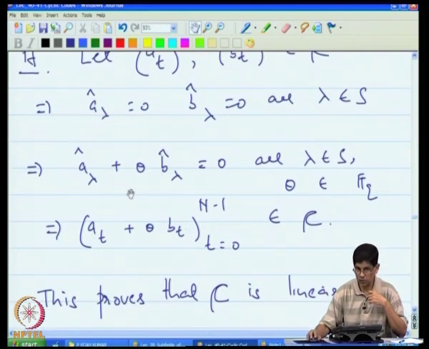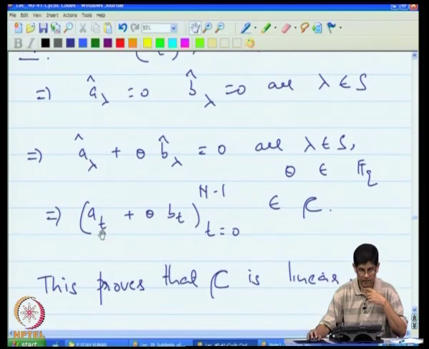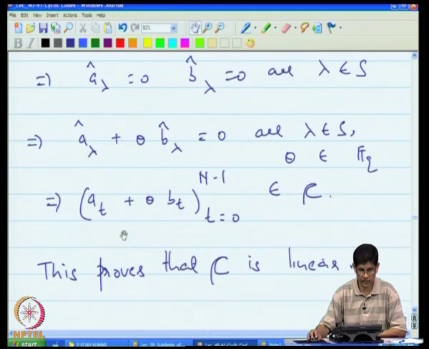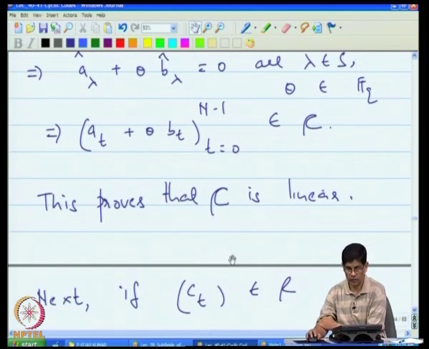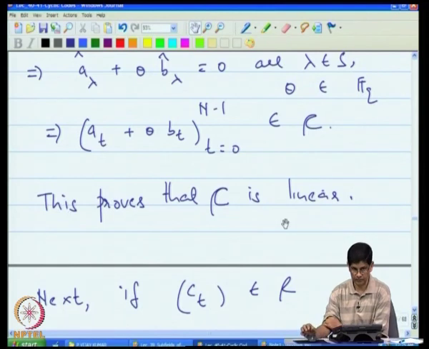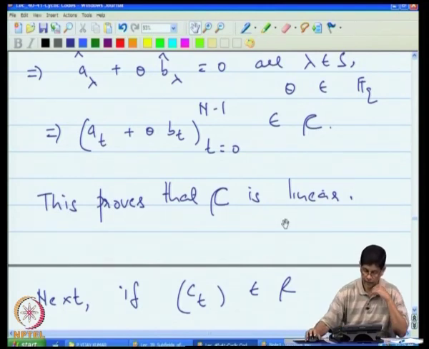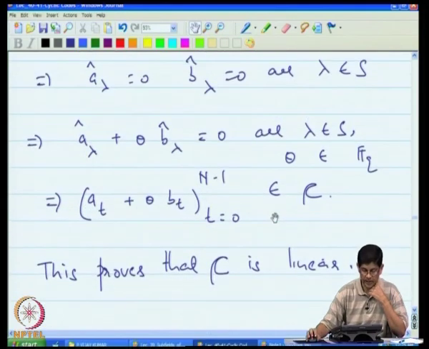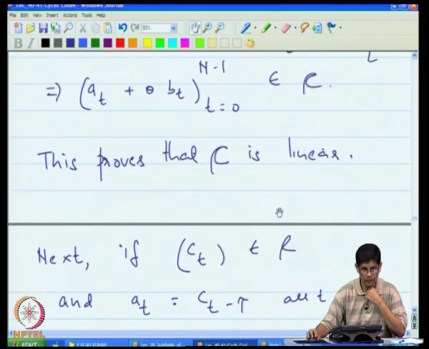But then that is also true if I take a linear combination of them, where theta belongs to F q, and by the linearity property of the transform, this quantity here is the transform of A t plus theta B t. So, that means that if A t and B t are code words, so is A t plus theta B t. So, that proves that your code is linear, which is not surprising. Basically we have used the linearity of the transform to prove that the code is linear.